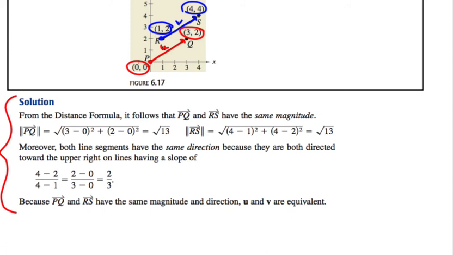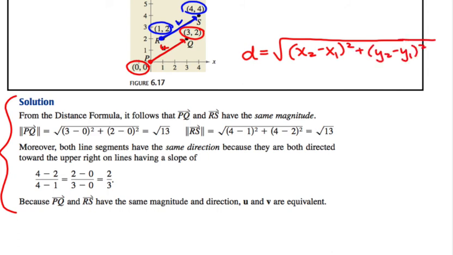So if you remember the distance formula equals the square root of the quantity x sub 2 minus x sub 1 squared plus y sub 2 minus y sub 1 all squared. So what we do first is find the distance of this red vector. We use our distance formula, and we get the square root of 13.